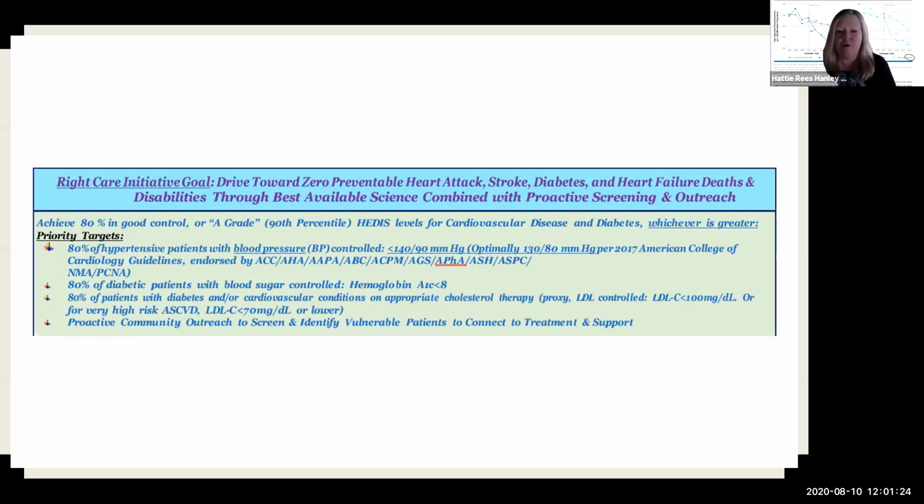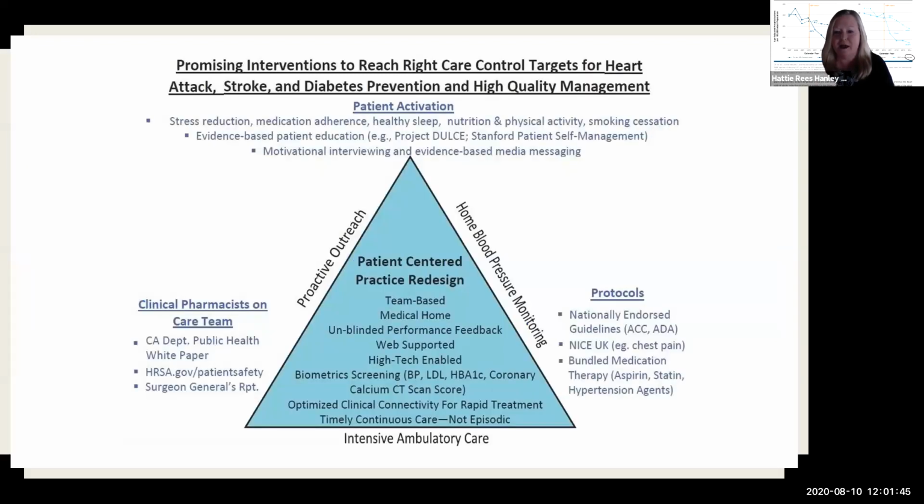So our goals are in sync with the Million Hearts goals, which are to get 80% of the population who needs to be controlling their cholesterol, blood pressure, and blood sugar to goal. We synchronize our goals with the data that's collected nationally to make it as easy as possible on the health plans, medical groups, clinics to reach these targets.